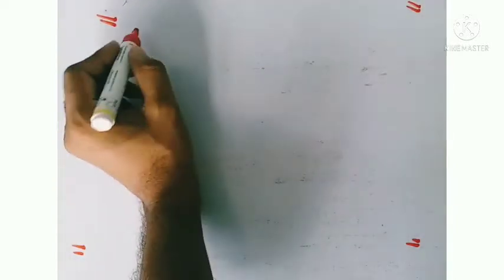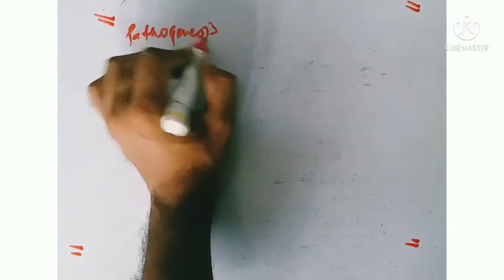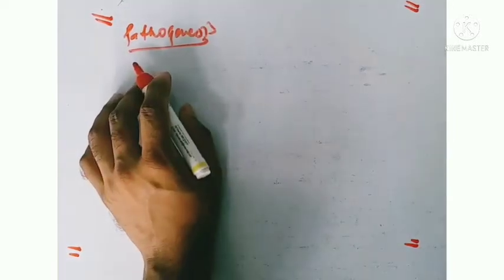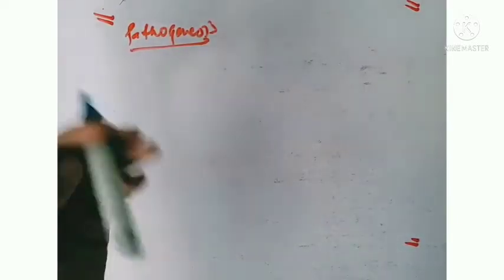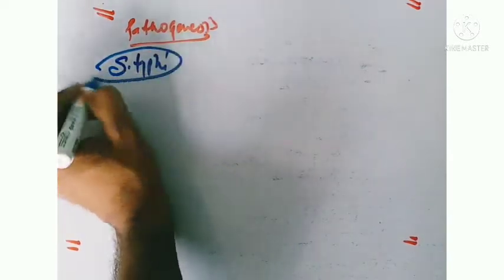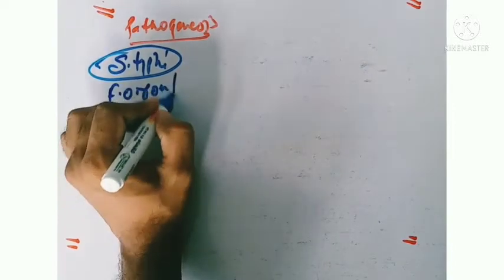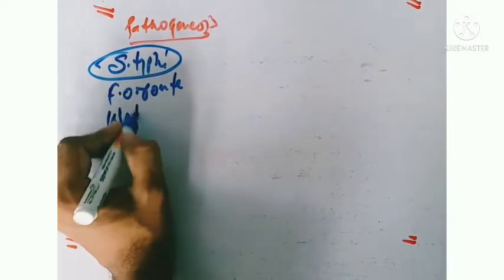So come to discuss about the pathogenesis of typhoid. See, in the pathogenesis, first what occurs, that Salmonella typhi enters the body through fecal-oral route or water contaminated.